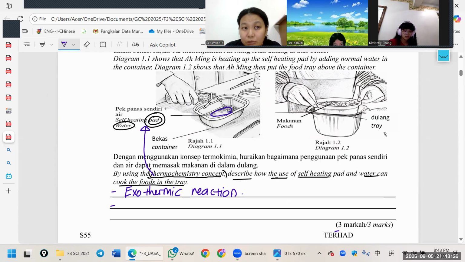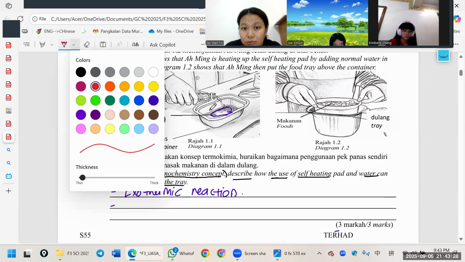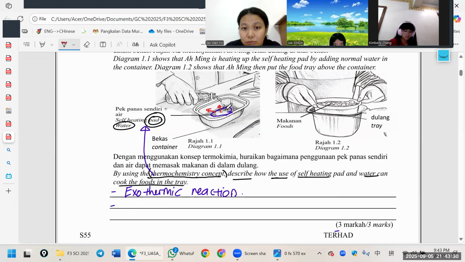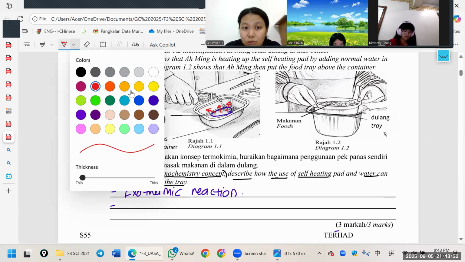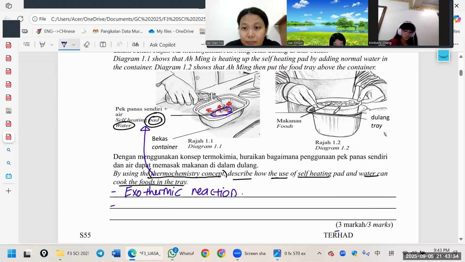It means this pad will release heat, so the heating pad will release heat out.